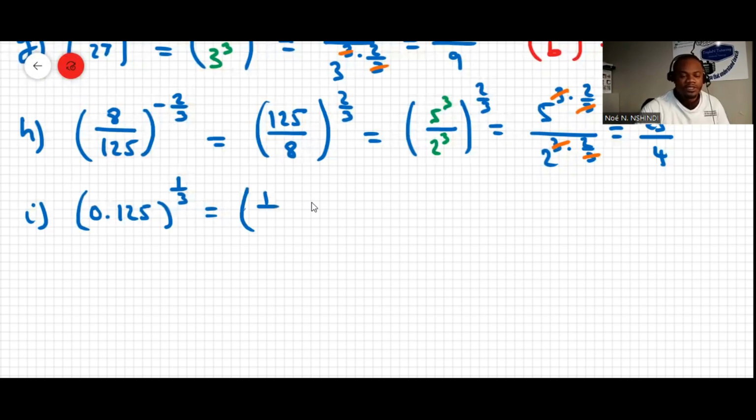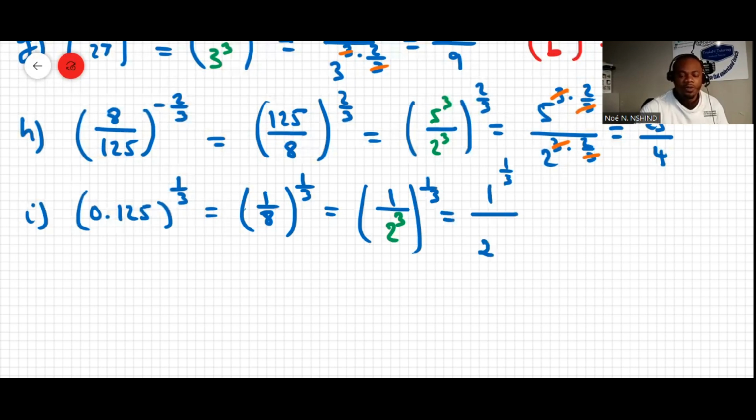That makes 1 over 8 to the power of 1 over 3, and then 1 over 8 is a cube of 2, so it's 1 over 2 to the power of 3, to the power of 1 over 3. Now this makes 1 to the power of 1 over 3 over 2 to the power of 3 to the power of 1 over 3. And then 1 raised to any power is 1. And then over here, we can simplify that, and it's just a half.